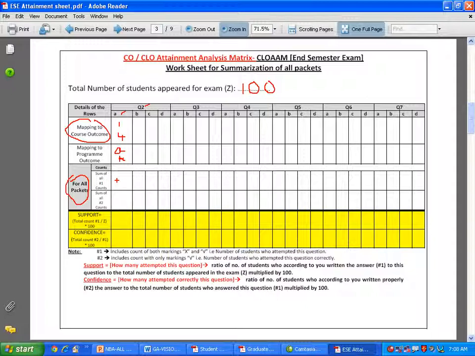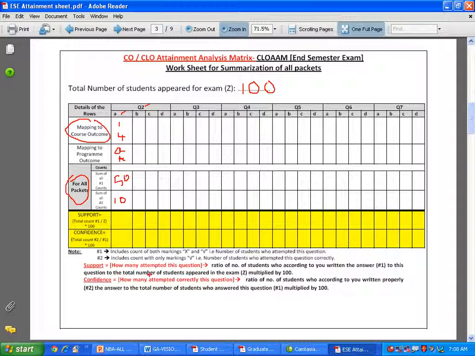In the previous case it was 6, and the sum of all #2 was 4. From all the packets I collect, now assume that this is say 50 and this is say 10. Now consider that this is the summary that we got. Now we calculate the support. What is the meaning of the support?